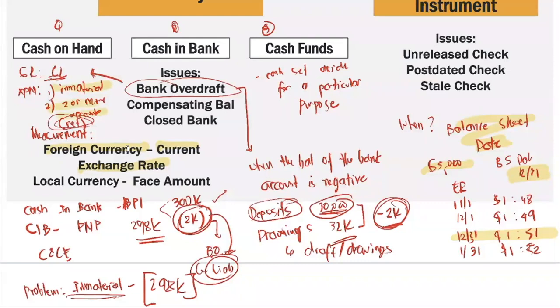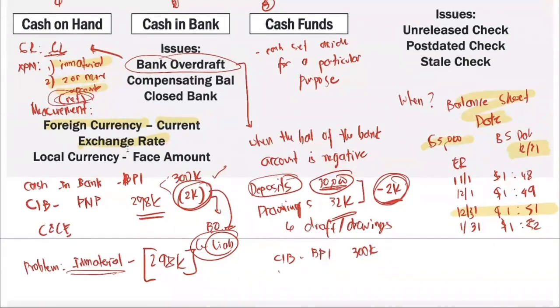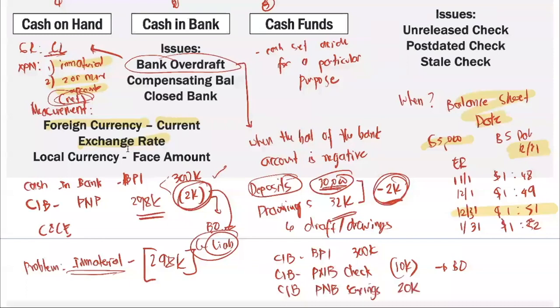How about your example of two or more accounts? So for example, cash in bank, BPI, 300,000 pesos. Cash in bank, PNB, let's say checking account, negative 10,000. So this is a bank overdraft. And then we have another cash in bank, PNB, savings account, 20,000 pesos. So we are already done as to your immaterial.